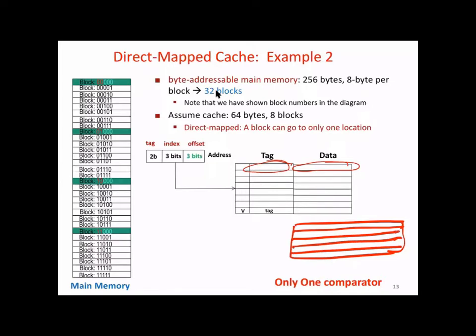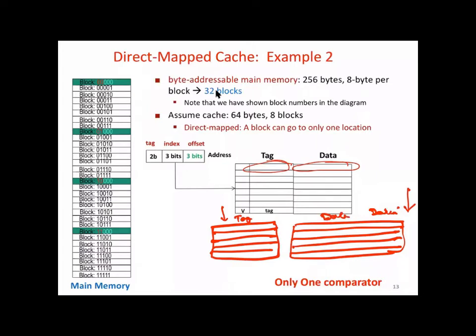Some authors use it this way; some authors say that there is a data store with exactly the same number of entries as the tag store, one-to-one correspondence, and they are kept separate. Obviously it cannot be part of the same memory because the data here is all linear. So this is the tag store, and this is the data store.